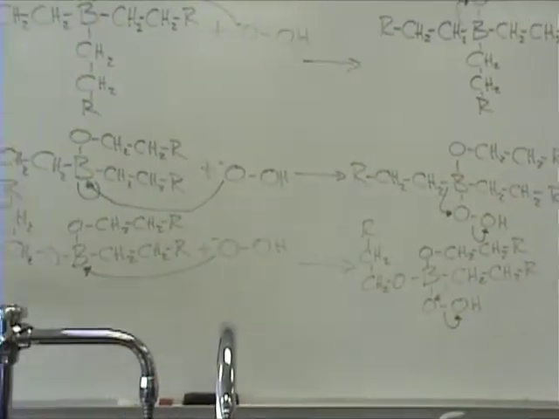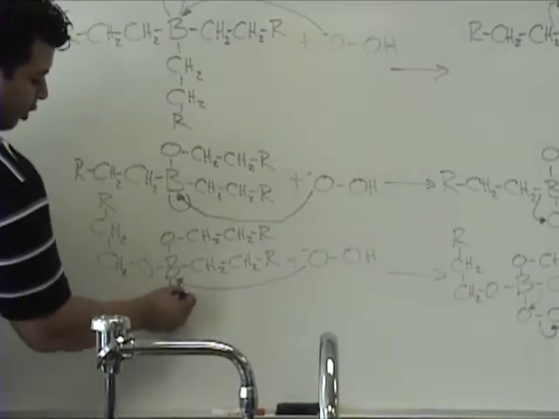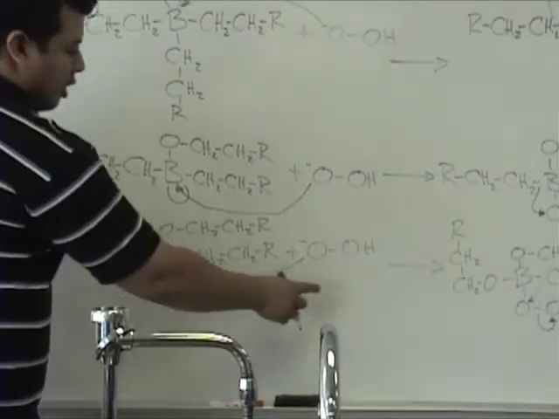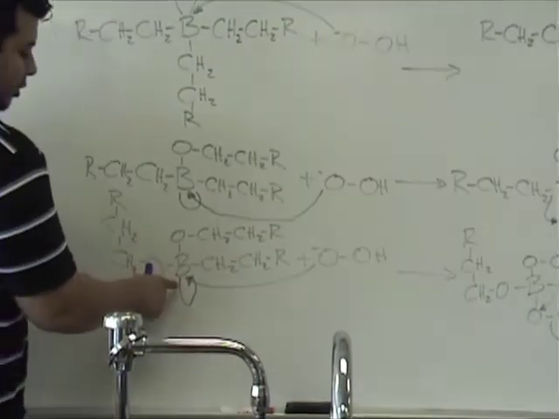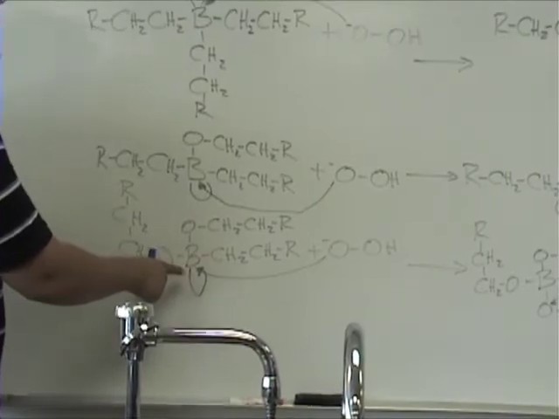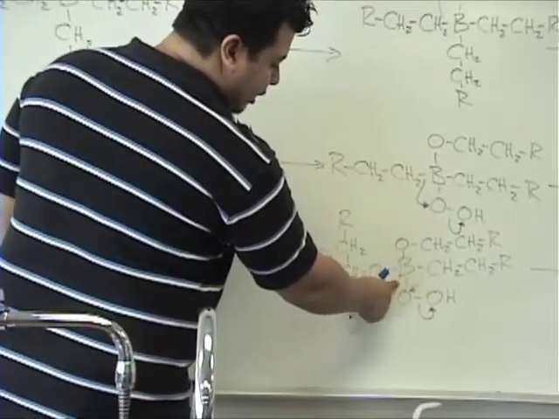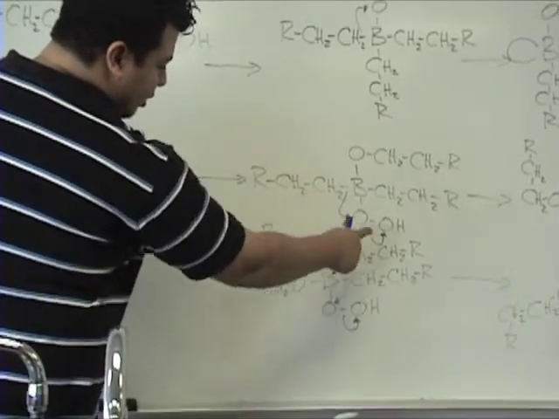So, for the third time, we're going to do the same thing, empty orbital right here. The OOH is going to attack it, it's going to act as a nucleophile. And then we're just going to attach it right here, OOH on the bottom. We have our groups.